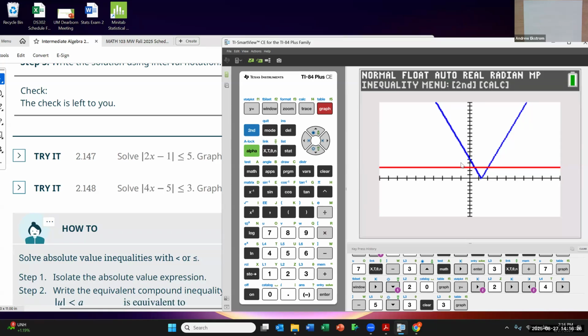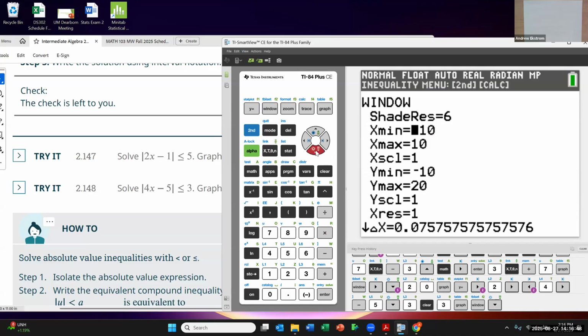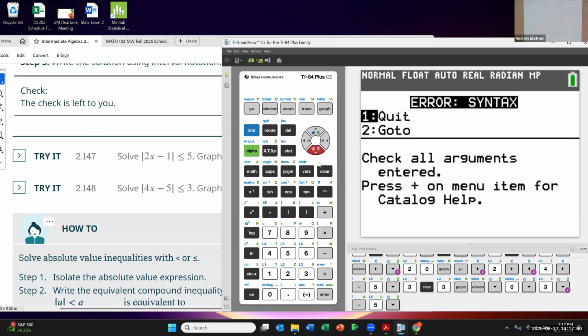Looking at this particular problem right here, if I wanted to get a much better estimate of what's going on, I can see that somewhere between 0 and 3 is where these x values are. So I can actually go into Window, set the X scale 0 to 3, and then Y min, let's say -5.